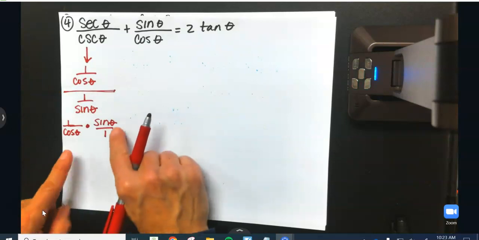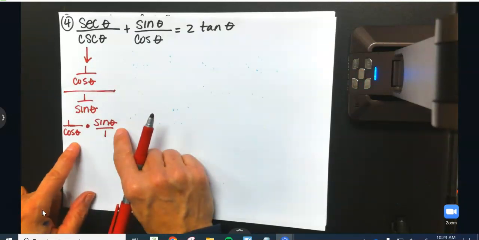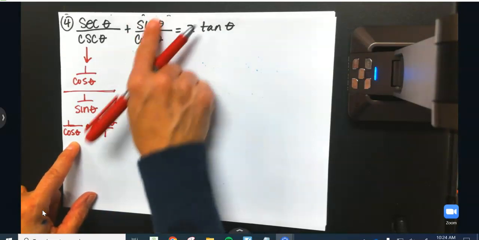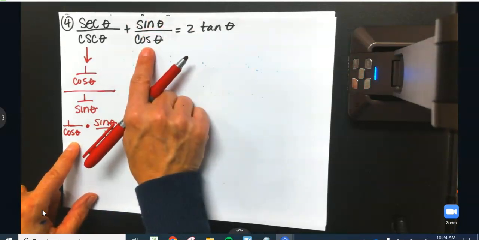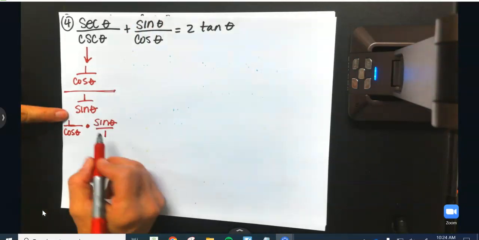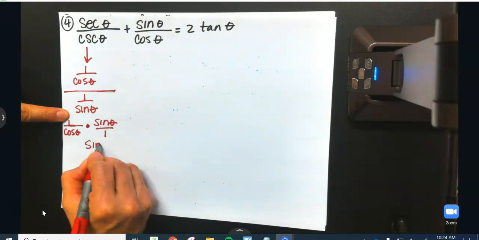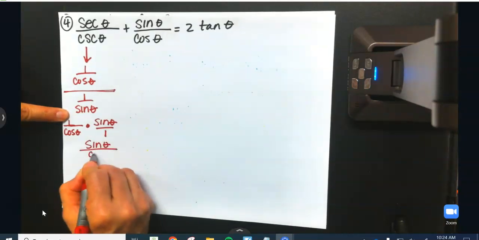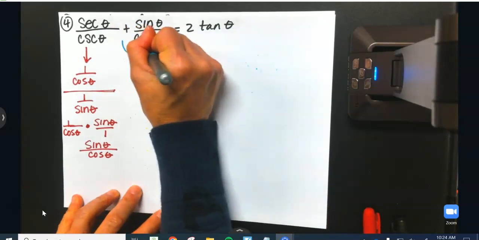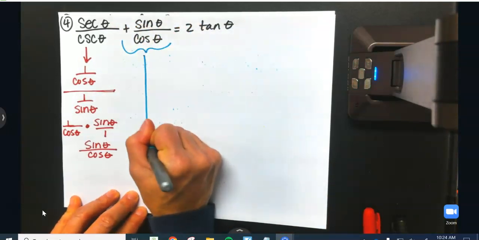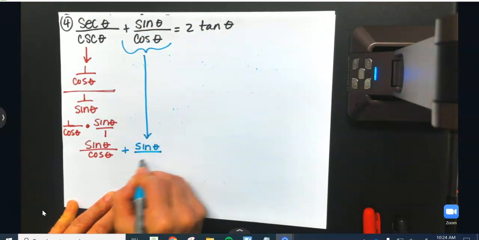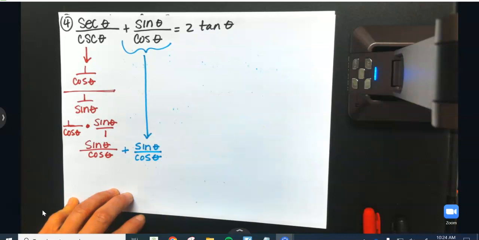Y'all, what does this turn into? Yeah, it turns into that. Good. We're moments away from doing this. So this is sine theta over cosine theta. Let me go ahead and bring down the other part of this left-hand side over here. These are tangents staring at you.